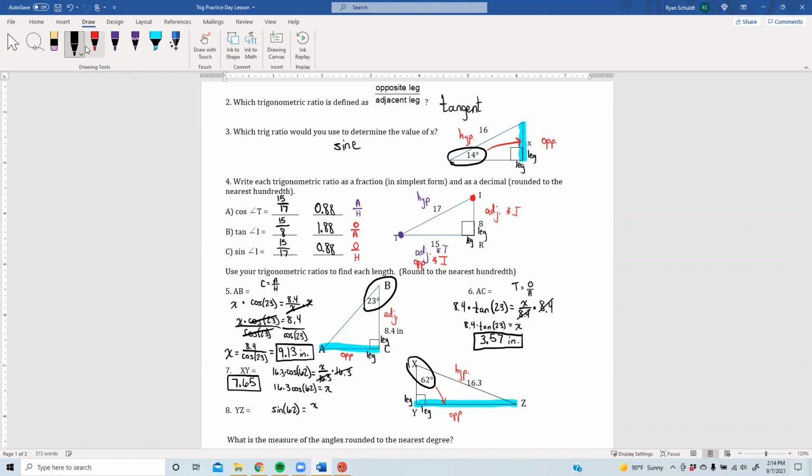I don't know the opposite, but I know the hypotenuse is 16.3. So multiply on both sides by 16.3. Cancels out over here. We're going to have 16.3 times the sine of 62 equals x.